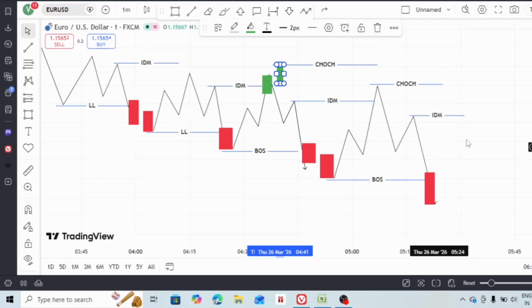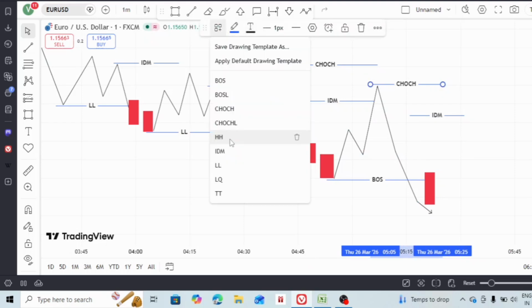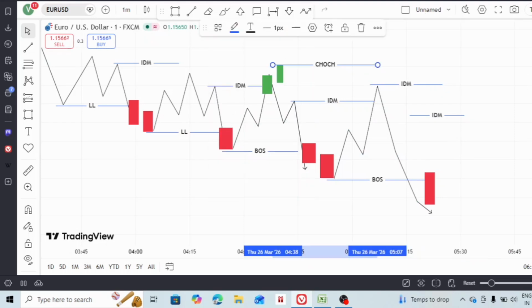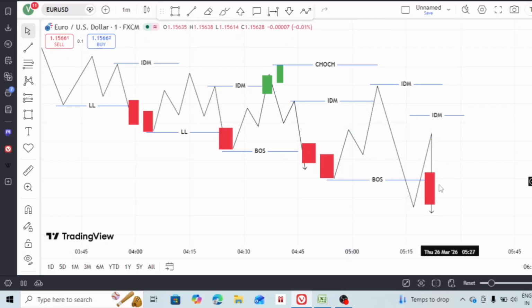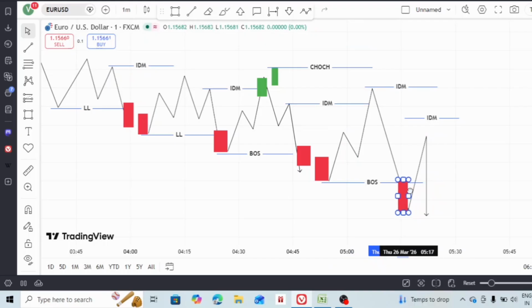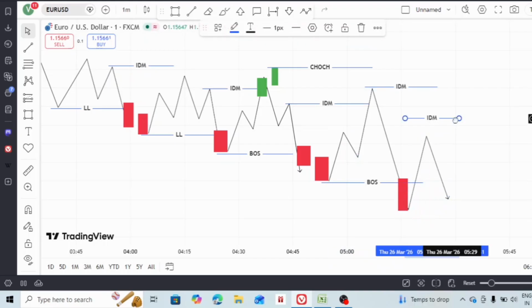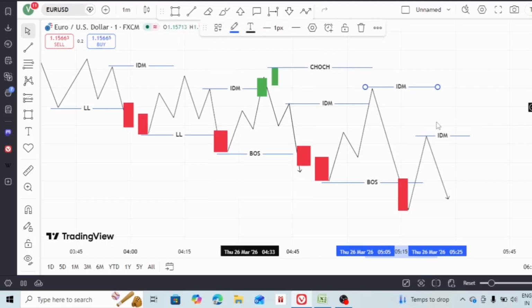Suppose there is no inducement or pullback here, then this level will remain as the change of character. If there is a pullback later after the break of structure happens here, if we have got another inducement like this, then this will become our change of character.